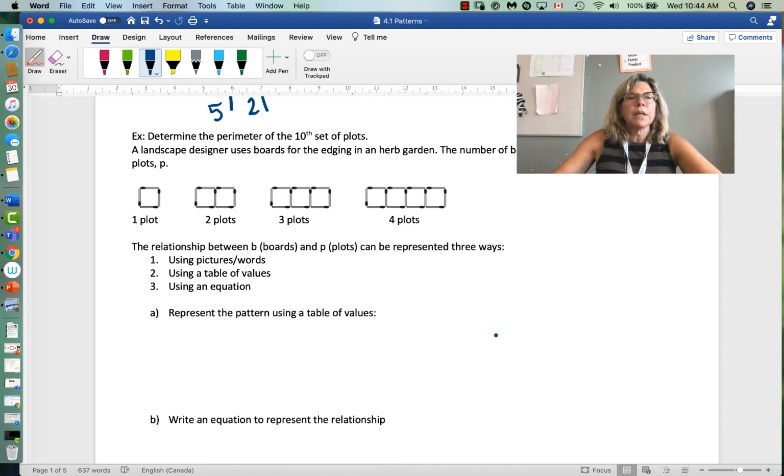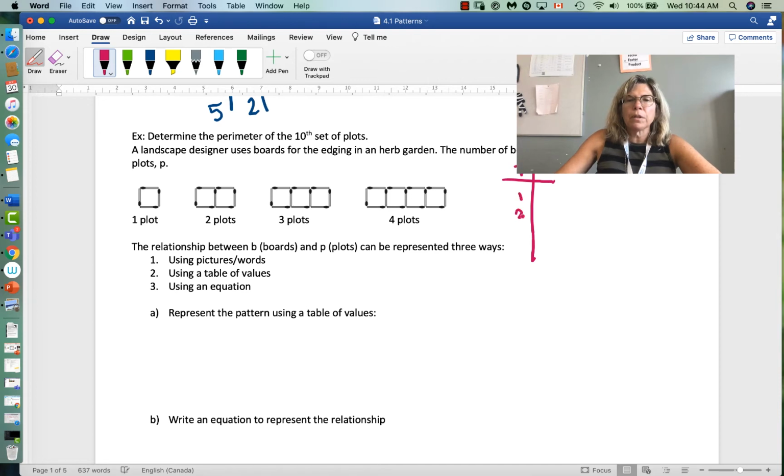So here it says determine the perimeter of the 10th set of plots. So the situation is that a landscape designer uses boards for the edging in an herb garden. The number of boards, B, is related to the number of plots, P. Well, so let's see, plot 1, that's this one.